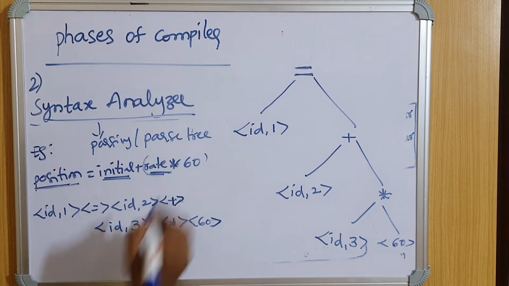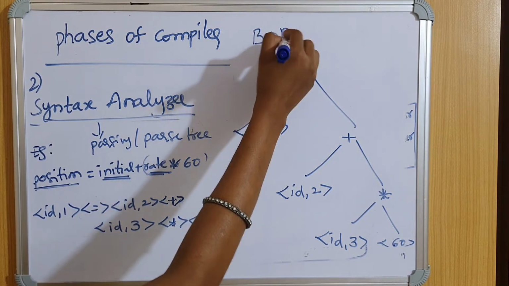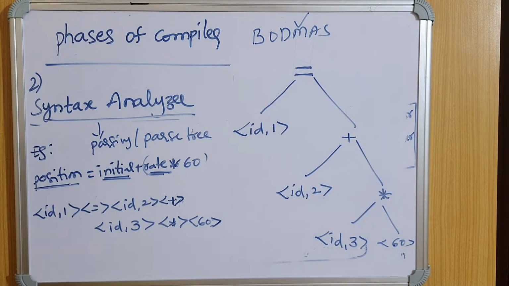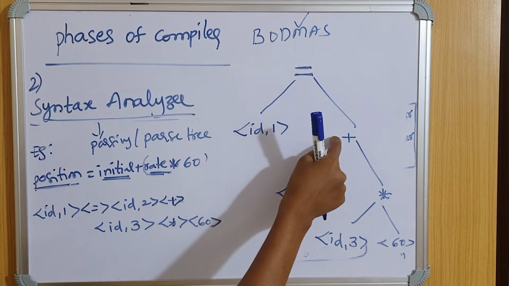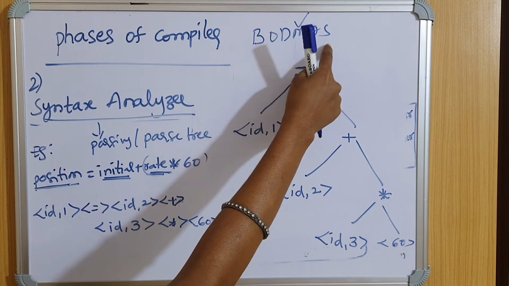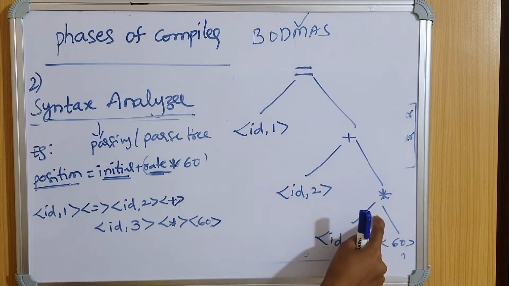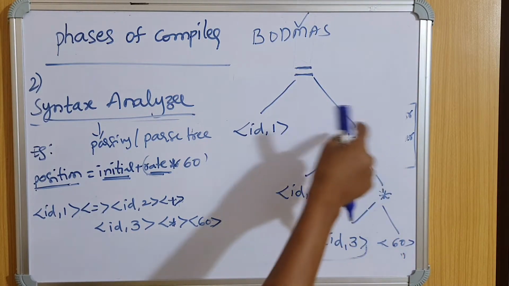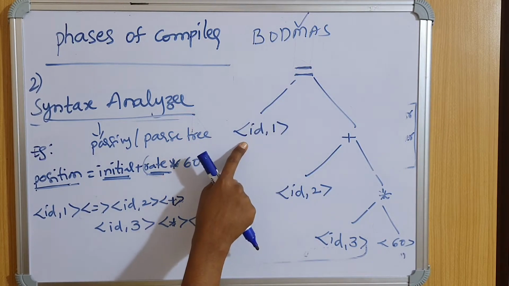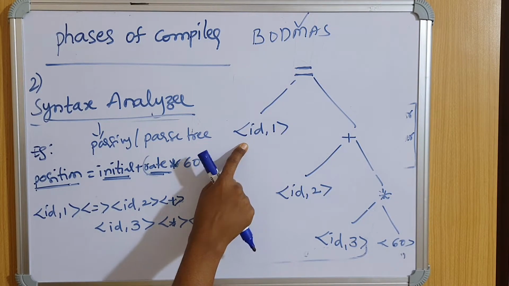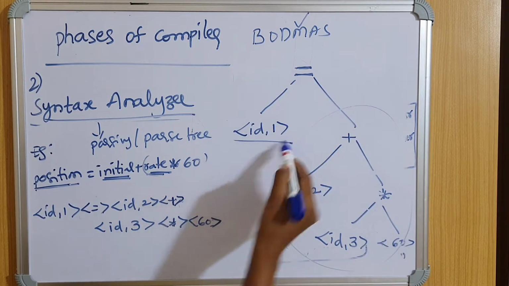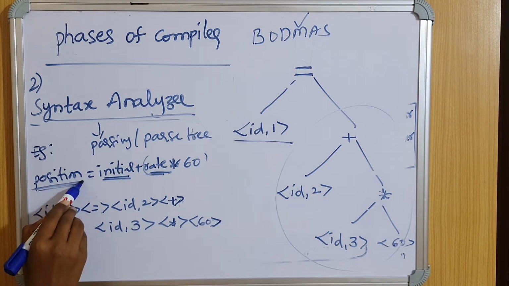By following the BODMAS rule, multiplication has higher priority compared to addition. Brackets, division, multiplication, addition, subtraction. Multiplication will be done first, then it moves to the addition, then equal to. On the left side of the equal to is identifier 1, meaning this total value will be stored in identifier 1, that is position. Is it correct?